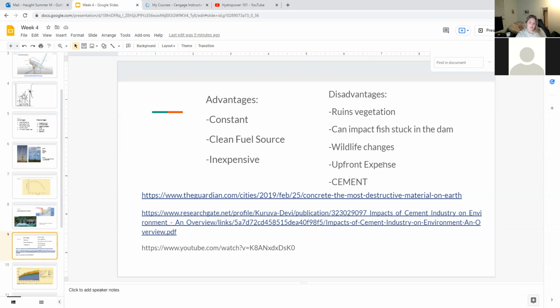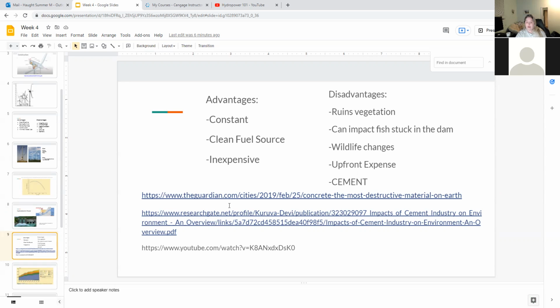But I think the biggest one here, which I have in all caps, is cement. When talking about sustainability, cement is a very significant factor impacting the environment, and it's not heavily talked about. I did provide these two resources.